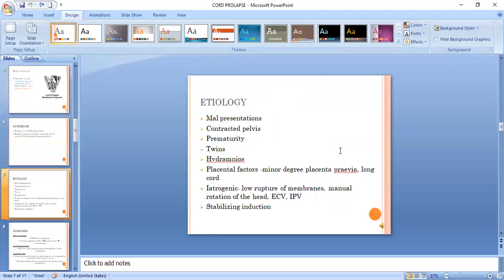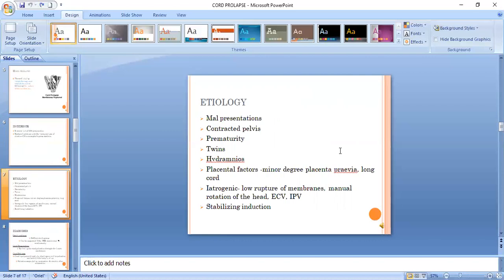The causes are malpresentations, contracted pelvis, prematurity, twins, hydramnios, placental factors such as minor degree placenta previa, and long cord. Then iatrogenic causes: low rupture of membranes, manual rotation of the head, external cephalic version and internal podalic version.